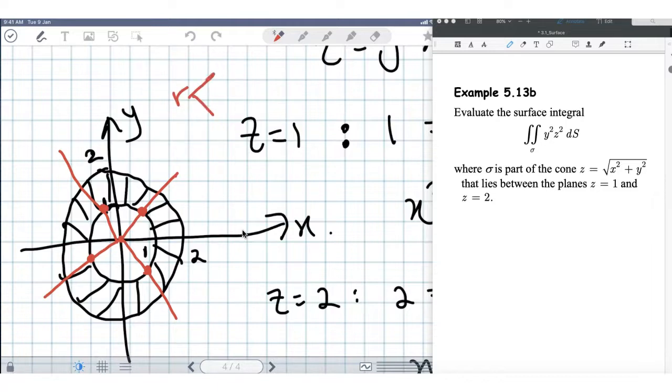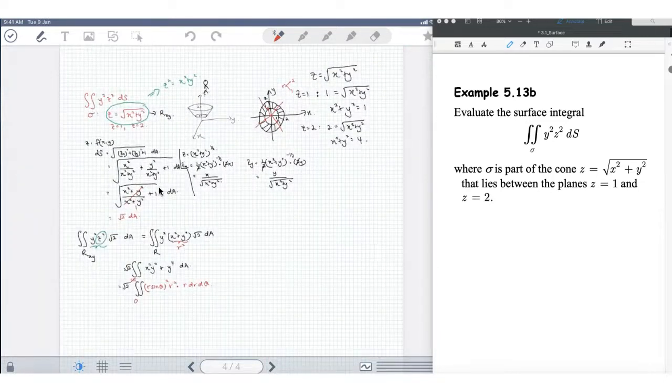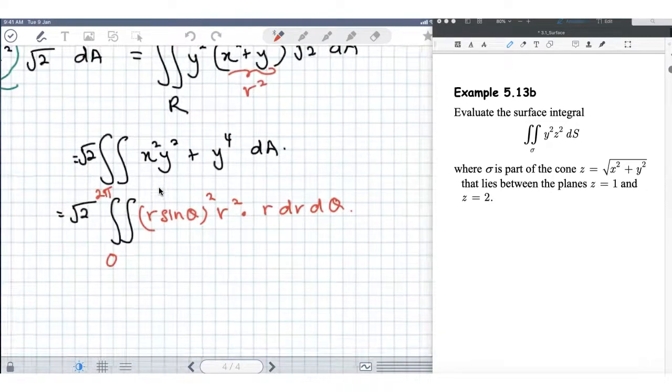When r is 0, your shaded region should also be passing through the origin, but now it is empty here, so it starts from r equal to 1, and then ends at the largest circle at 2. So your r is from 1 to 2.